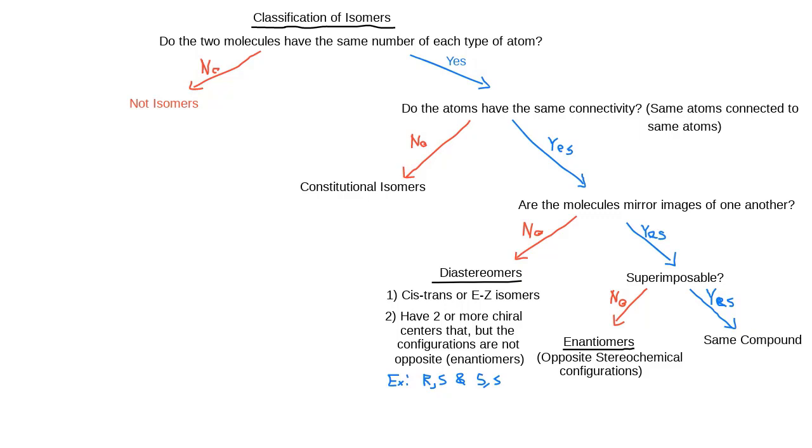So the difference between just being the same compound and being meso is that a meso compound is a compound where its mirror image is the same as itself. So just to give you a little definition down here.